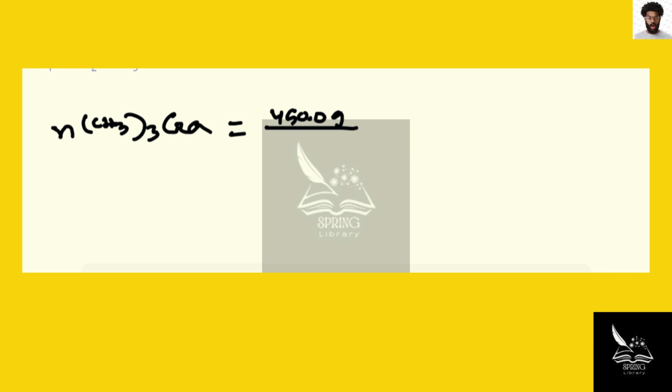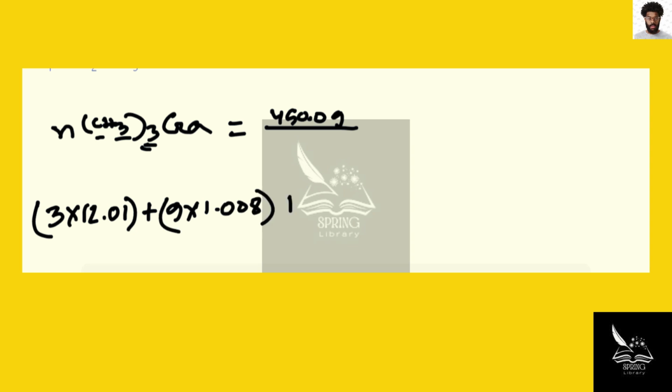We have 3 carbon, that means 3 times 12.01, which is the molar mass of carbon, plus we have 3 times 3, 9 hydrogen, so we'll have 9 times 1.008, and then we have 1 gallium, and gallium has a molar mass of 69.723.